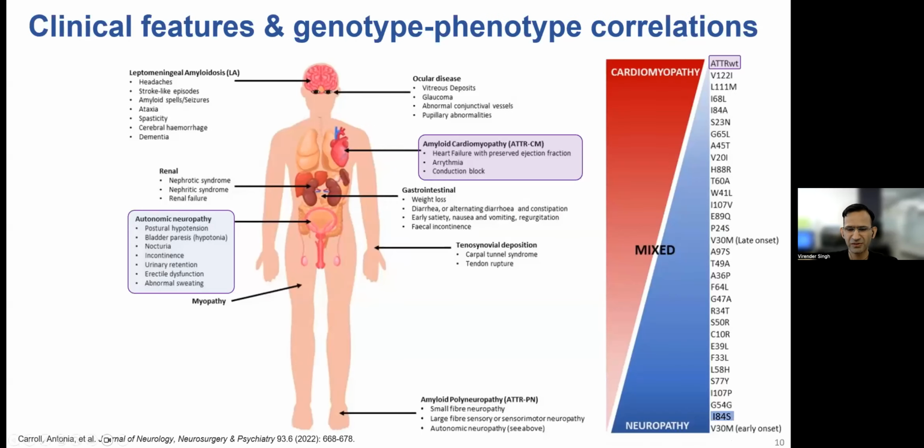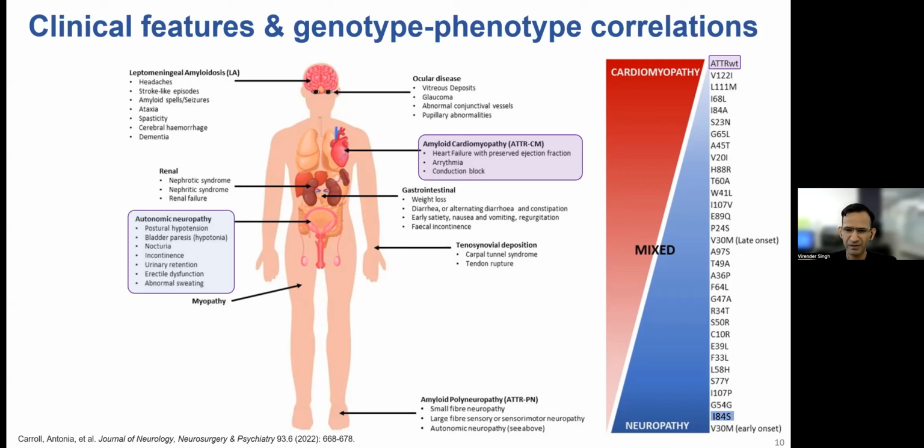As I mentioned, this is a systemic amyloidosis, and multiple organs are affected, but most of the clinical presentations are defined as related to either cardiomyopathy or polyneuropathy. ATTR wild type, which is linked to aging, is mostly considered a cardiomyopathy, whereas certain mutations, and I84S is one of them, are linked to polyneuropathy.